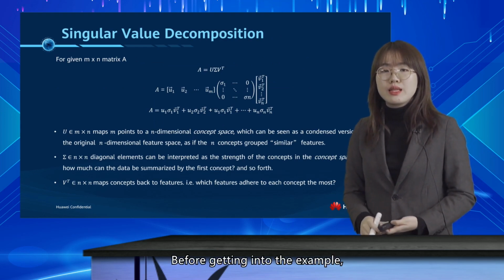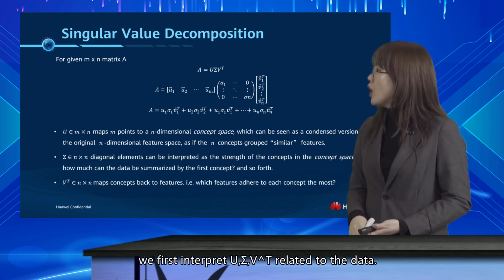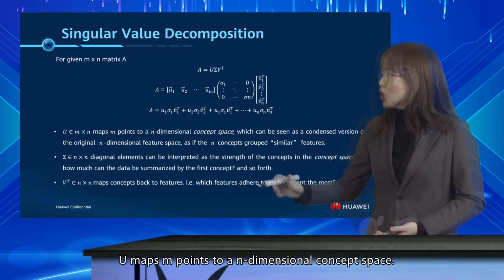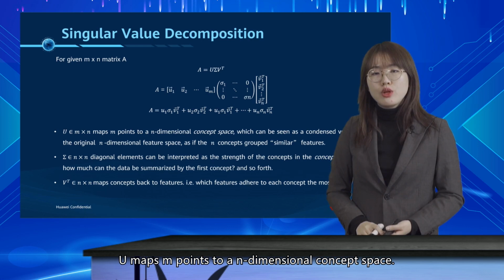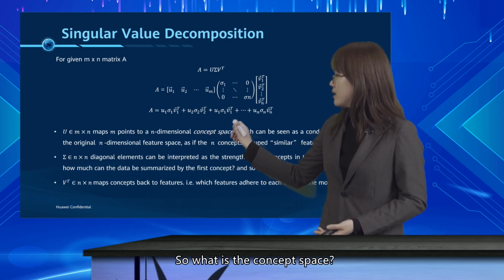Before getting into the example, we first interpret U, sigma, V transpose related to the data. U maps the n points to an n-dimensional concept space. So what is the concept space?